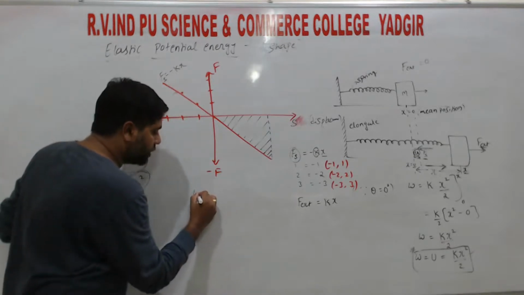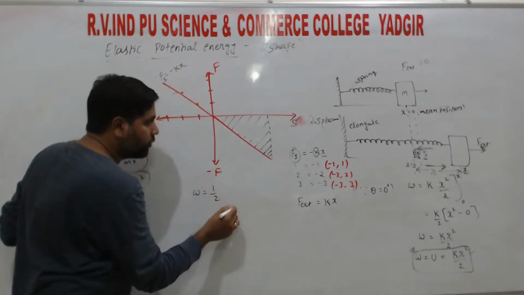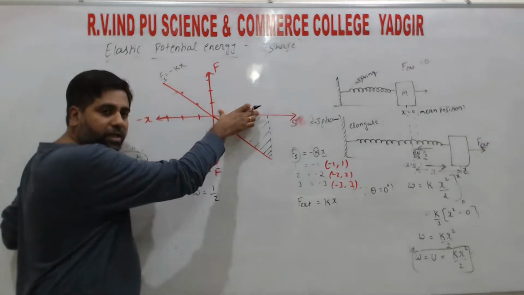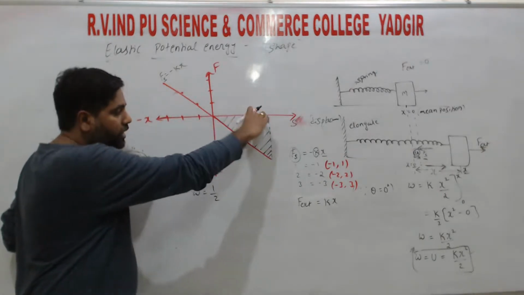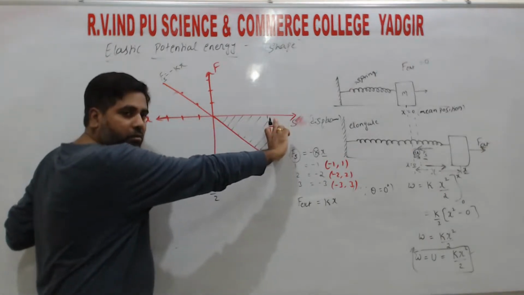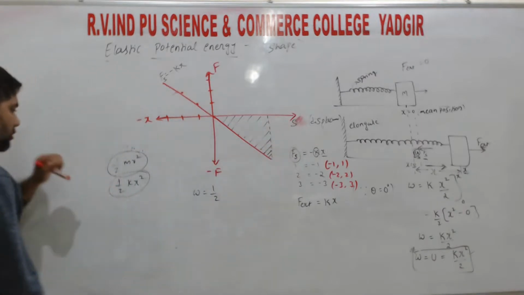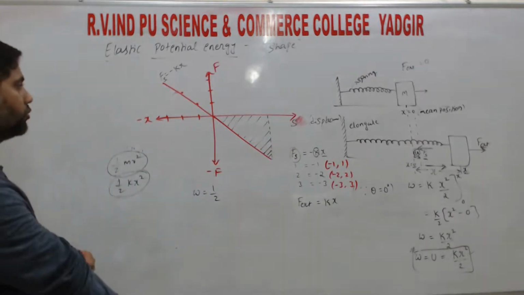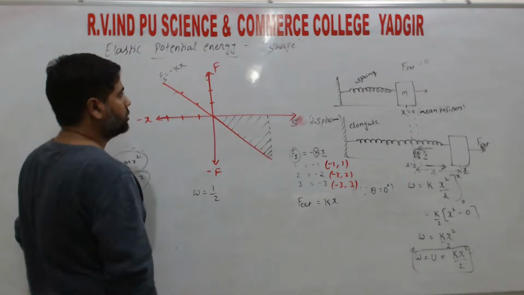So work done is equal to half, base is what? The displacement, right? Half into base into height, right? So yes, ಬರುತ್ತೆ ನಮಗೆ base.